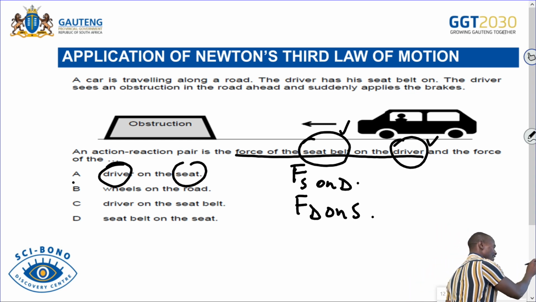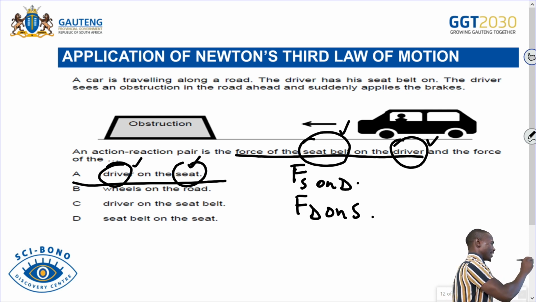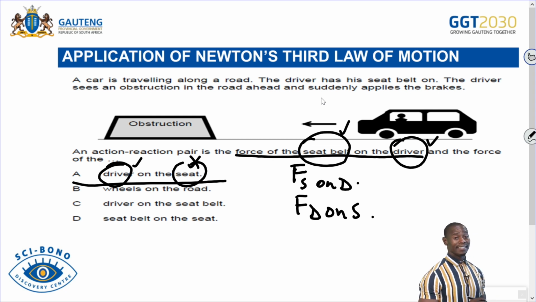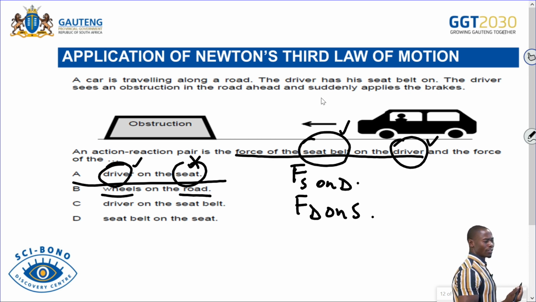So A can't be the correct answer, because we need to check if both objects are there. The driver is there, but they didn't talk about the seat belt here. Instead, they talked about the seat, then wheels and road. So it's different objects, and it cannot be correct.